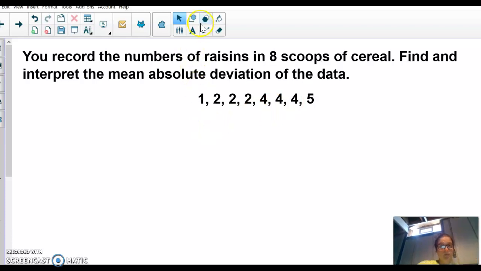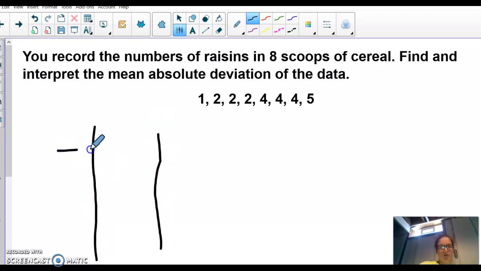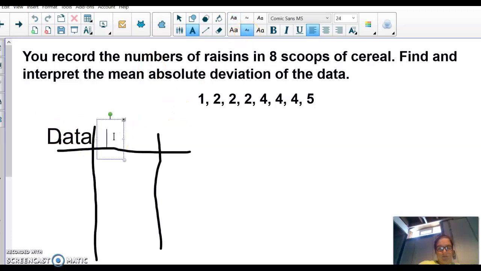So it might be best for you to make, let's say, a T-chart. I'm going to use my typer. So you have data. Let's say your mean and your differences.